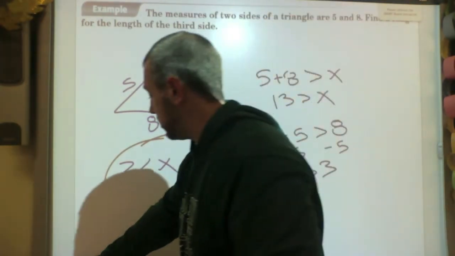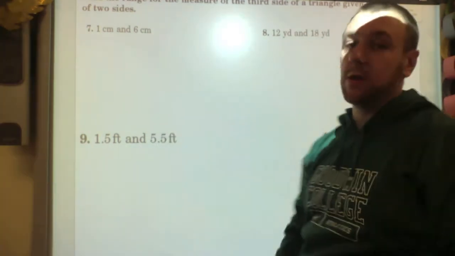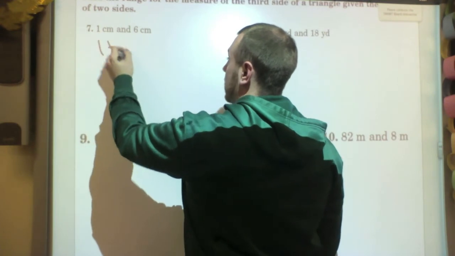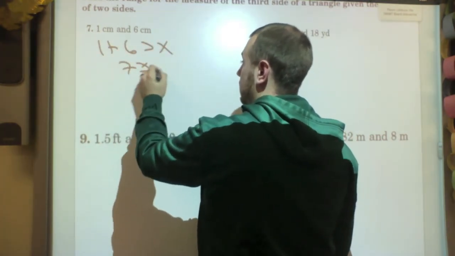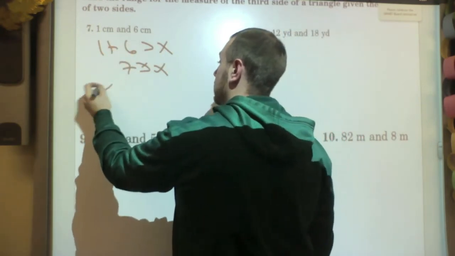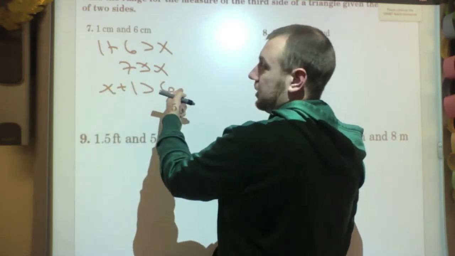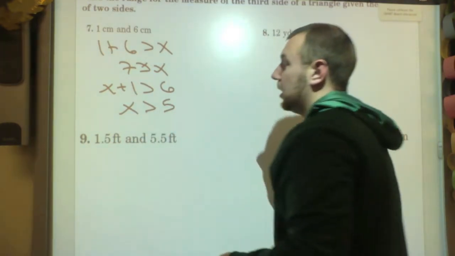Now, I'm going to do the same thing here. Again, 1 plus 6 has to be greater than x, so x has to be less than 7. Or x plus 1 has to be greater than 6, so x has to be greater than 5.